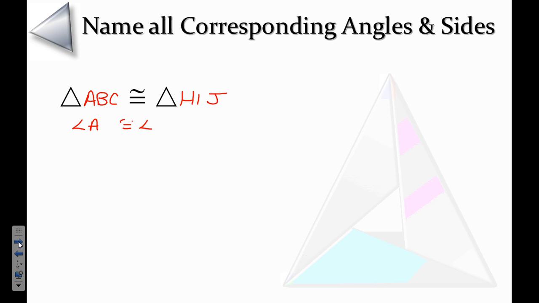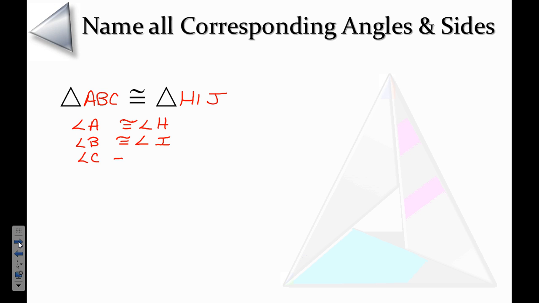Perfect. Michael, what angle would be congruent to angle B? Maddie saw that A was the first one listed, so she listed H. B is the second one listed, so I. And that's how it will work for these.